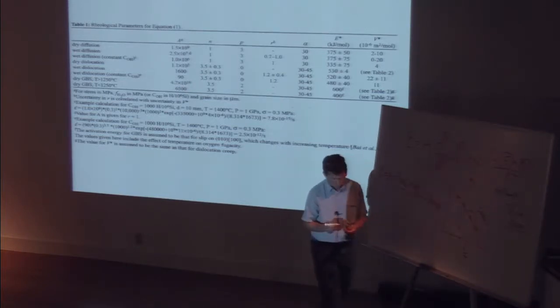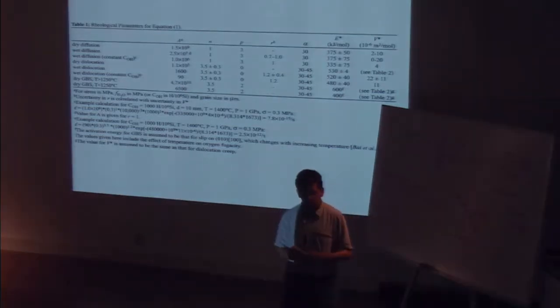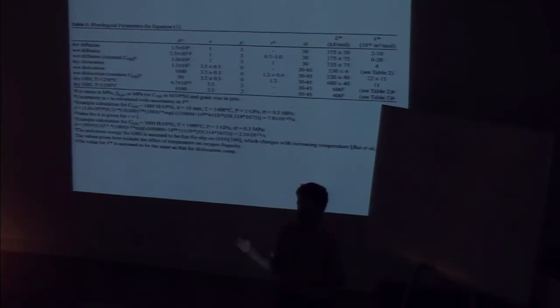But we have to do one more thing, because the deformation mechanism map is plotted with contours of strain rate. So we have to solve this equation for stress. Okay?